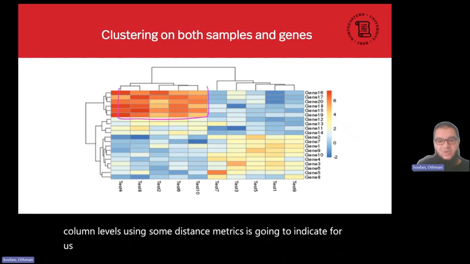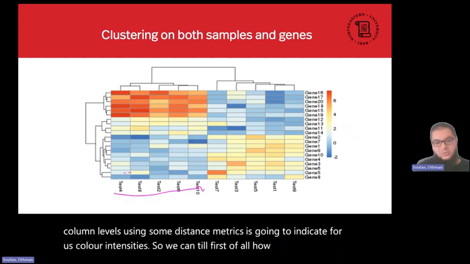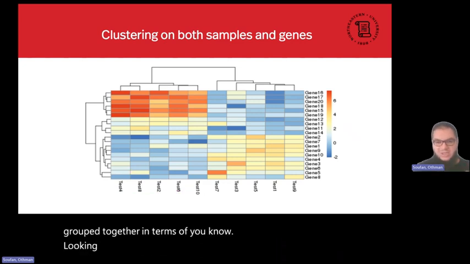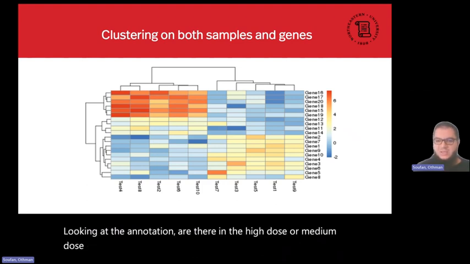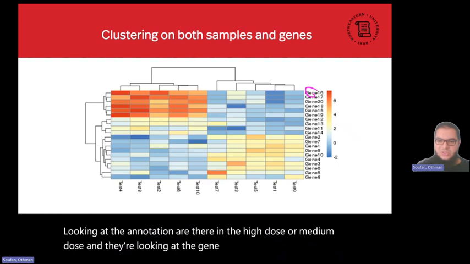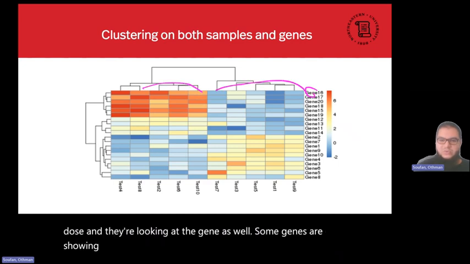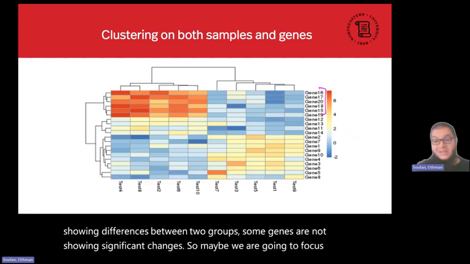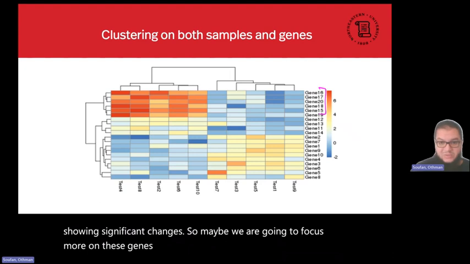So we can tell, first of all, how the samples group together, looking at the annotation: are they in the high dose or medium dose? And then looking at the genes as well. Some genes are showing differences between two groups. Some genes are not showing significant changes. So maybe we are going to focus more on these genes in our experiment.